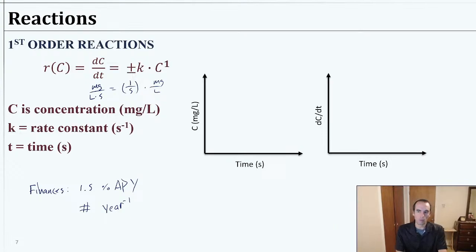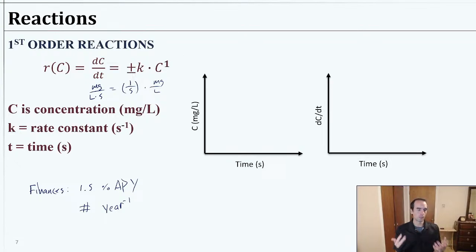So when we work with it in our word problems here, when you see a per second time, you'll recognize this is a first order reaction, because the units have to satisfy this value. So if you ever get confused on the units, come back to the simple expression of what is a rate.